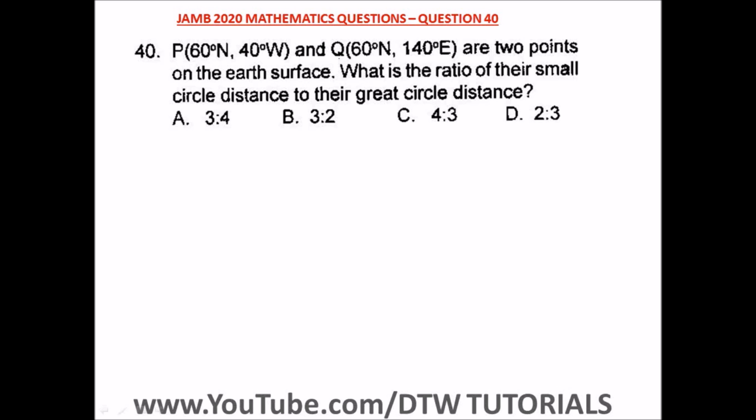Now from number 40, the question says that if P with coordinates 50 degrees north and 40 degrees west, and Q 60 degrees north and 140 degrees east are 2 points on the earth surface, what is the ratio of their small circle distance to their great circle distance?